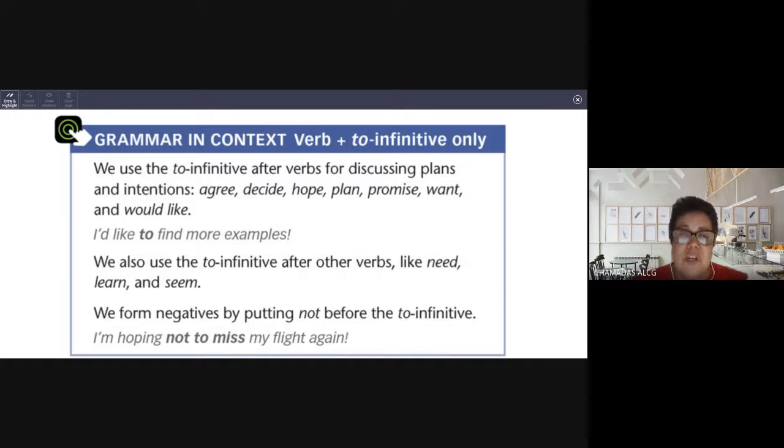With other verbs, we use an auxiliary, but the infinitive doesn't use auxiliaries. We simply put the word not before the particle to, okay? So: I'm hoping not to miss my flight again. It's necessary not to forget, and so on, okay?